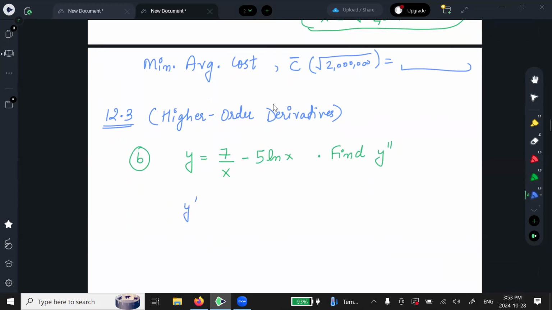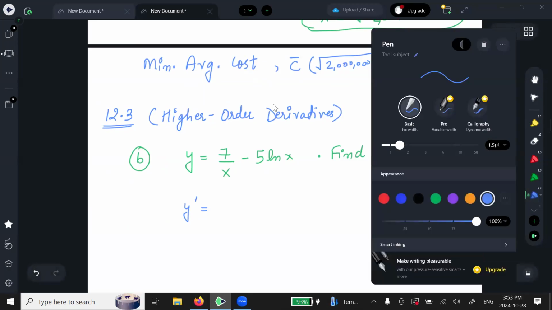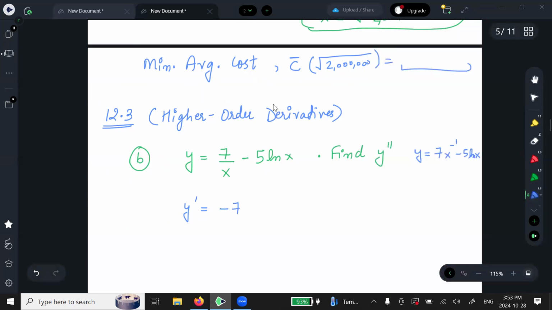Well, you first find y prime, but for that you have to make it a power first, right? So the derivative of that will be, just take the negative one out, subtract 1 from the power. But that's just the first derivative. You're not done here.